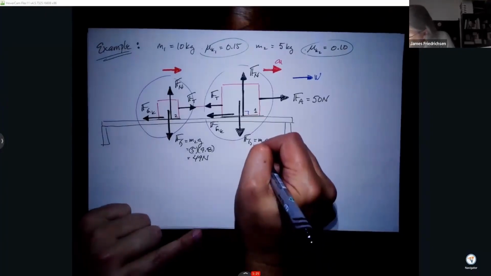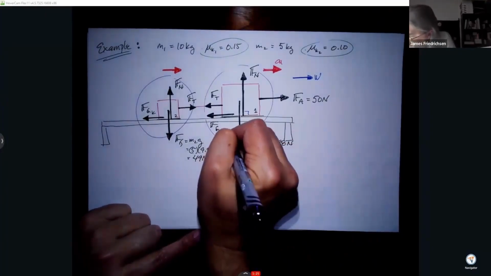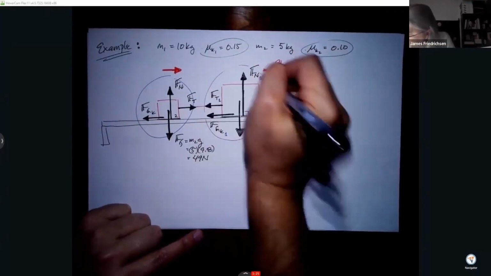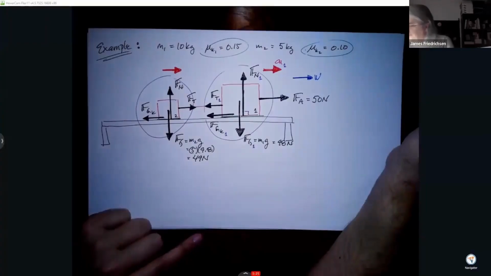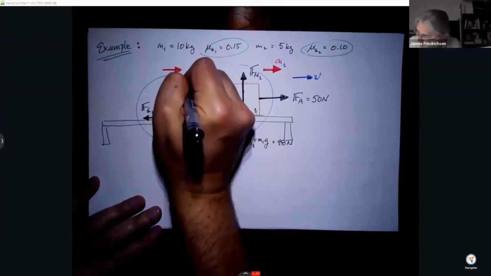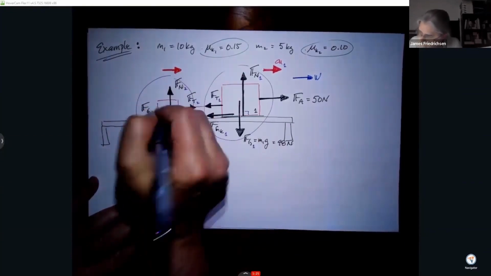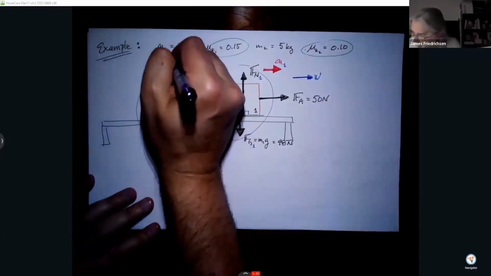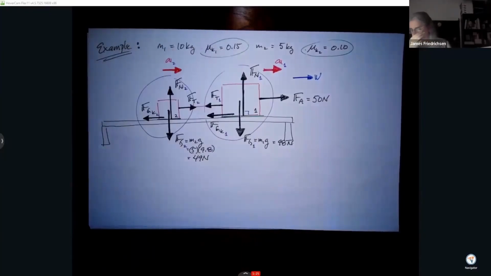This is gravity 1, kinetic friction 1, tension 1, normal 1, acceleration 1. And then this is gravity 2, tension 2, normal 2, kinetic friction 2. I forgot my A on the acceleration, but it is A2, like so.